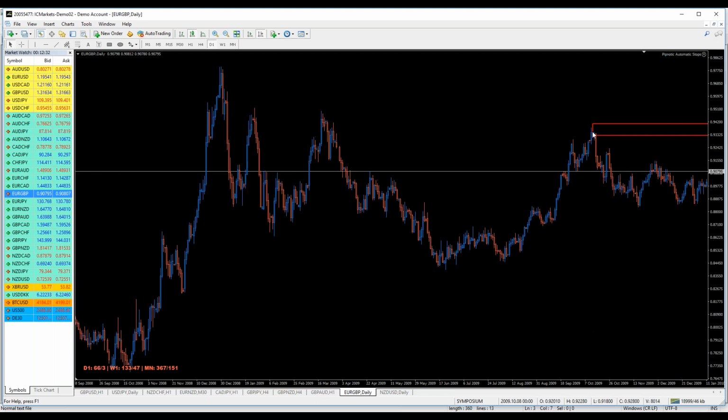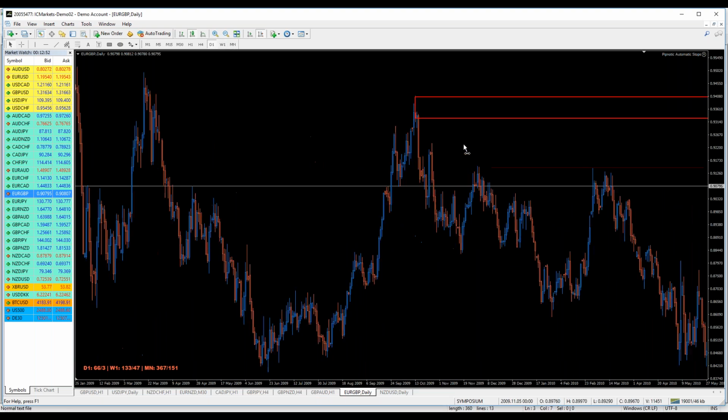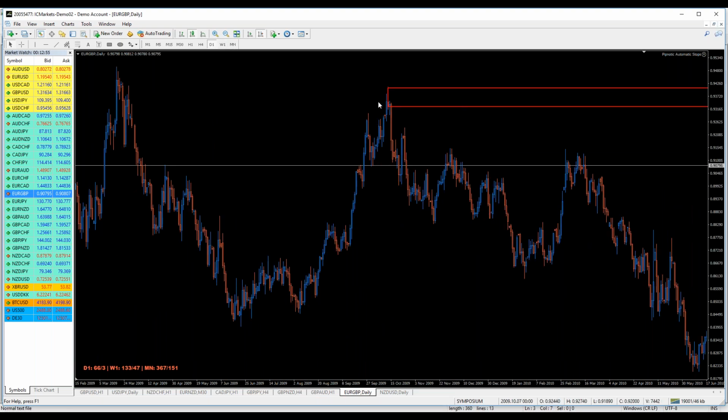Because if you keep doing that and say, okay, this one is a child, here's the parent, this is also a child, and here's the parent, then you can keep going, and you'll have your entries to trade hundreds or thousands of pips away from price, and you'll never get any trade. So you have to find the one that is currently out of balance and focus on that one.